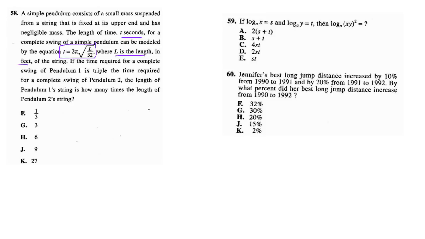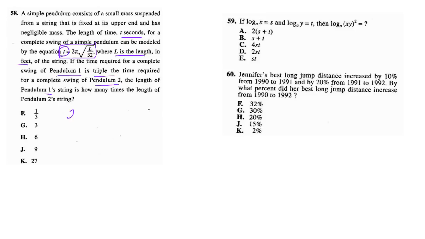Now let's get down to the very meat of the problem here. If the time required for a complete swing of pendulum 1 is triple the time required to complete the swing of pendulum 2, the length of pendulum 1 string is how many times the length of pendulum 2? So really we have two equations here we can set up, because we're going to set the time equal to each other.